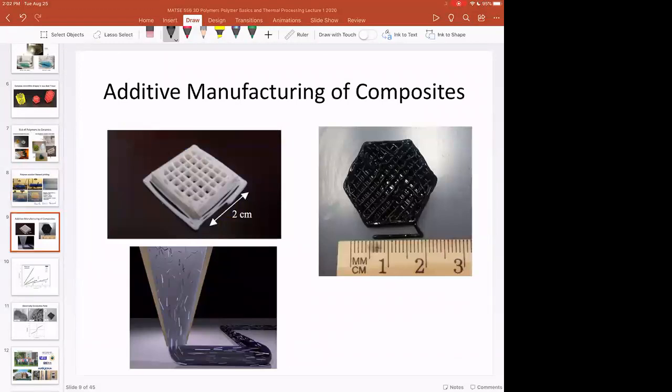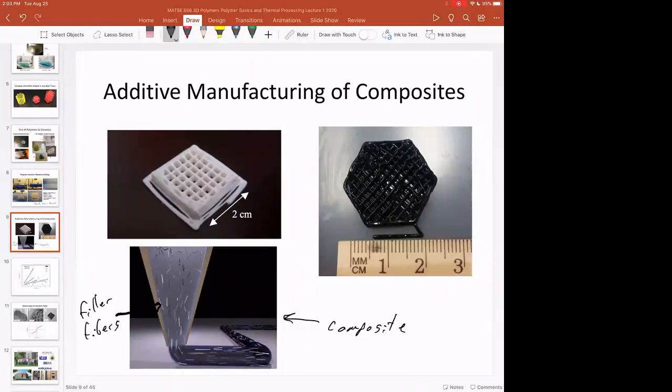Here's some nice pictures. You can take a look at that. You can look at this picture right here. This is from Professor Lewis. This is a composite, and we can tell it's a composite because it has filler fibers in it.